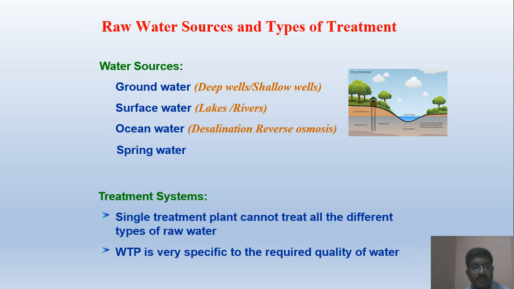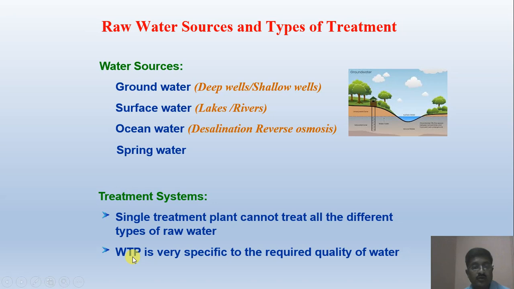Every water source has its own characteristics, and we have to understand those various characteristics or the various pollution parameters present in it, and depending upon that we have to decide the type of treatment to be given.